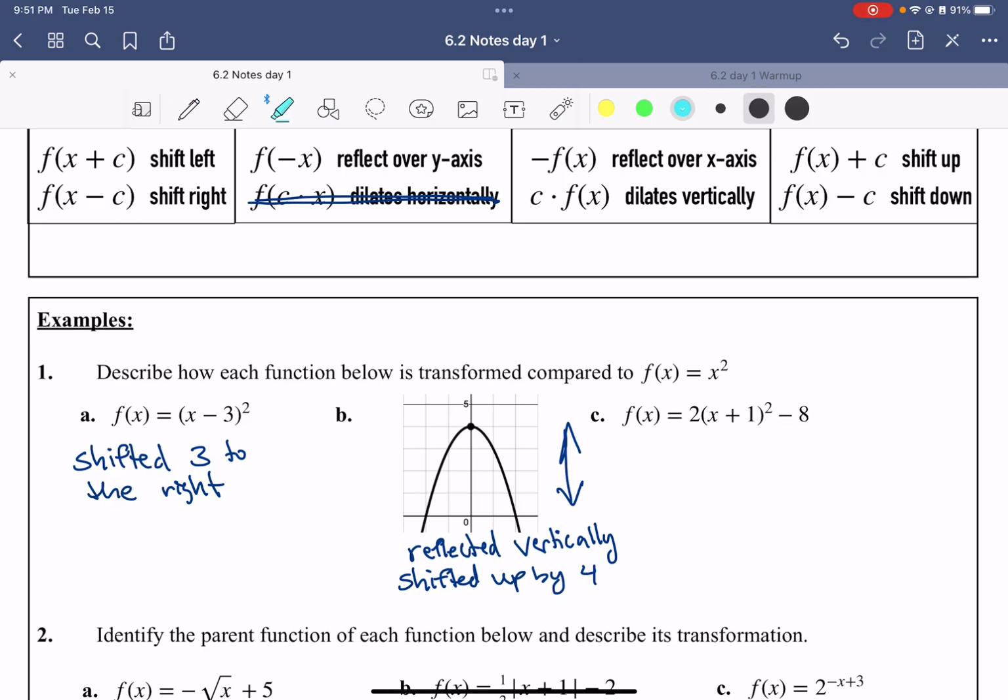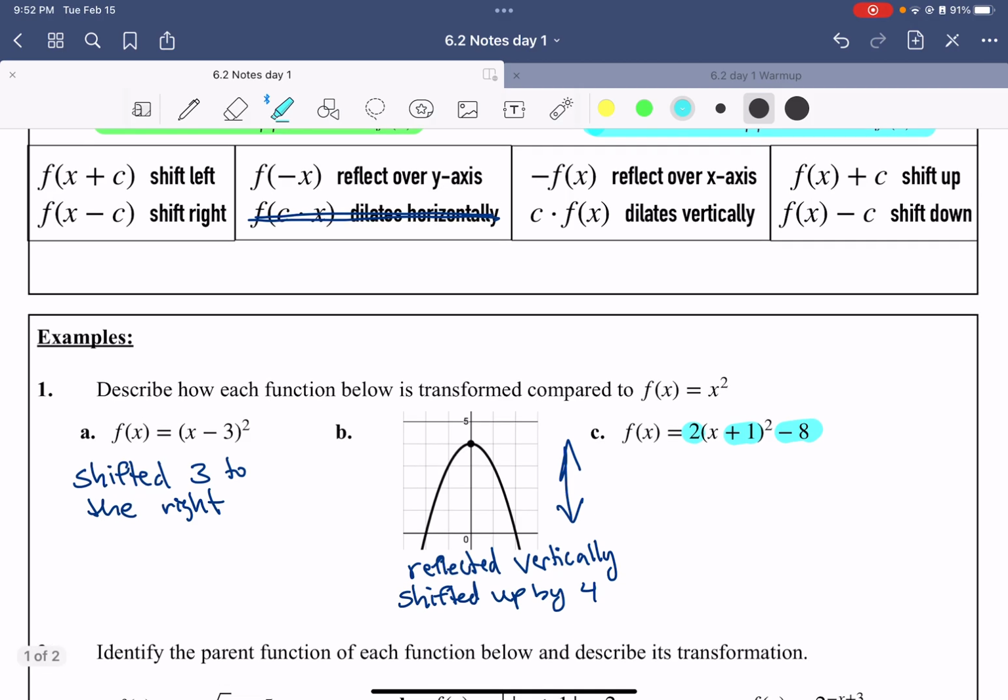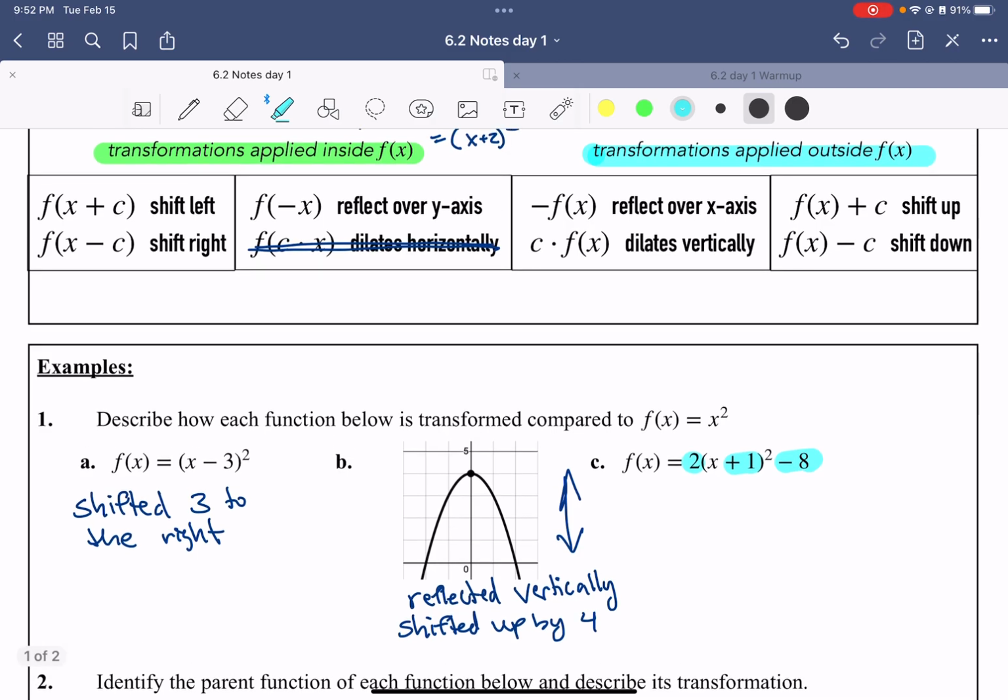All right. Looking at the next one, there's a lot going on in this one, so I'm just going to highlight it. There's a 2 being multiplied there, a 1 being added there, and this -8 being subtracted here. So going in my order from left to right, I'm going to look at what's happening inside my function first. And inside my function, in this case, means inside my parentheses. So it's that +1. A +1 means I'm shifted to the left. So shifted left 1. And then nothing else is happening inside my parentheses.